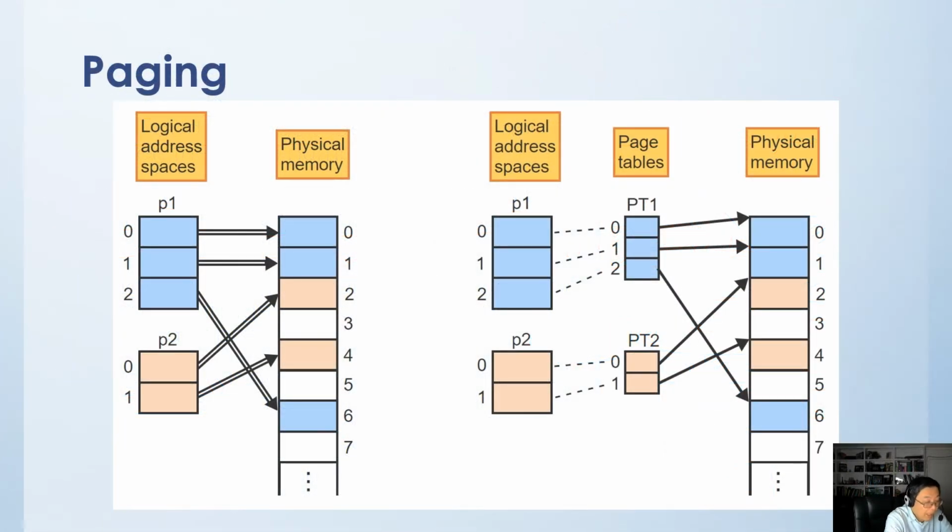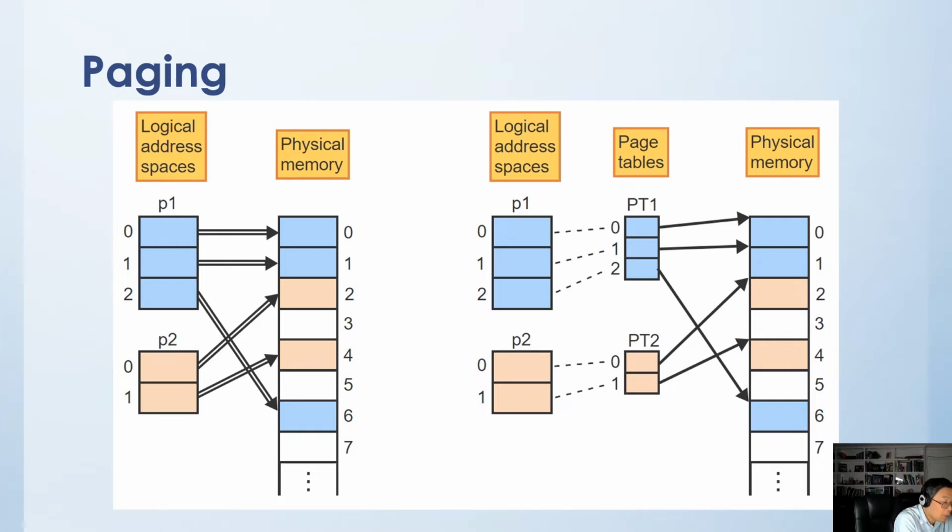Without paging, each process is measured in terms of the number of words or number of addresses. So before loading, the process is measured in terms of the logical address space. For example, the process starts from logical address 0 all the way to 100.